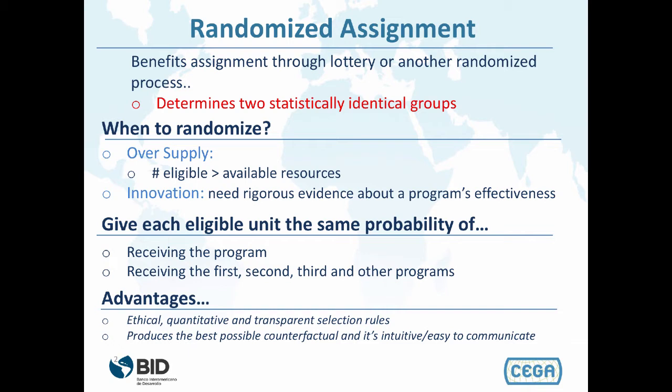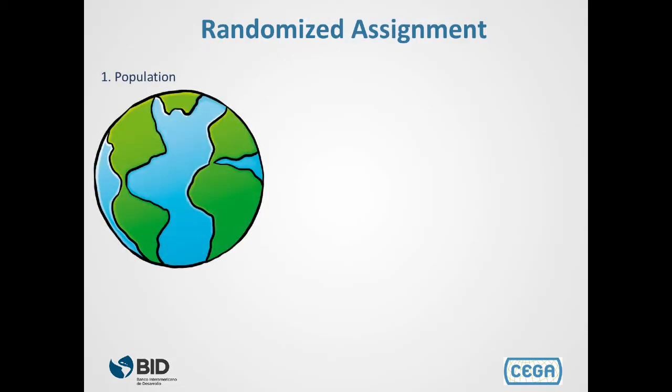It's quantitative in the sense that when it's randomized, when we flip a coin, it's 0-1, and it's transparent in the sense that everybody can observe whether the people who won the coin toss got the program or not, and that has advantages in terms of helping monitor the implementation of the program and keeping the administrators responsible. This produces the best counterfactual, and I'm going to show you it's relatively intuitive and easy to communicate the results.